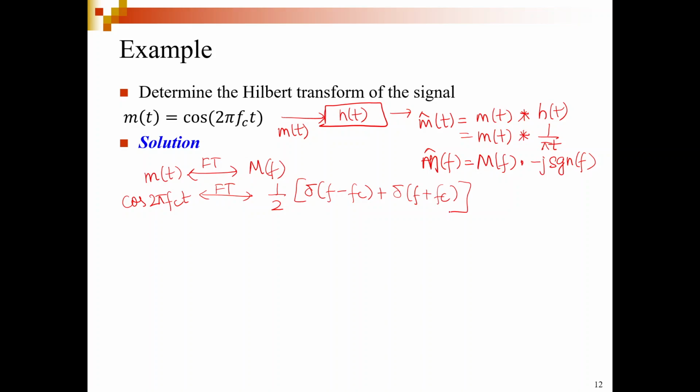Plotting the spectrum of this in the frequency domain, m of f is given by two impulse signals located at plus fc and minus fc. This we have been writing with an amplitude of half.